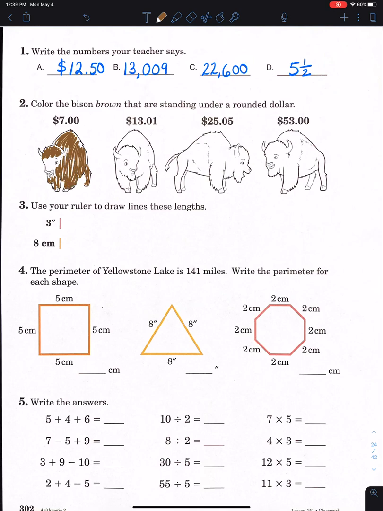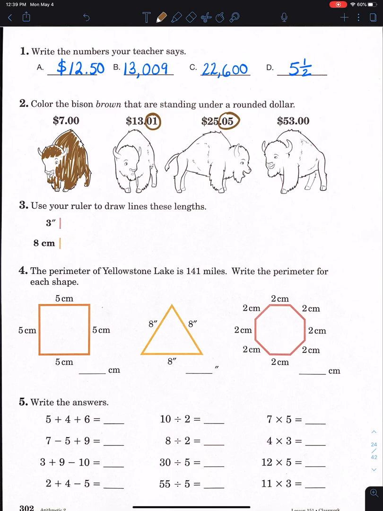Okay. And what about the second bison? $13.01. No, we do not color that one because there is money where the cents would be. So no. What about 25.05? Nope. We have some change there, 5 cents.